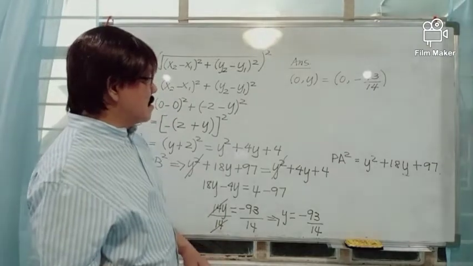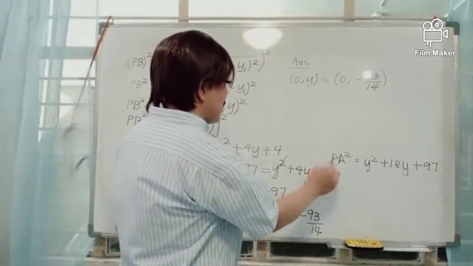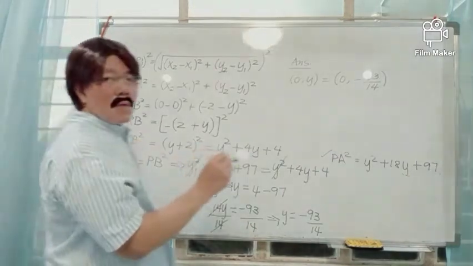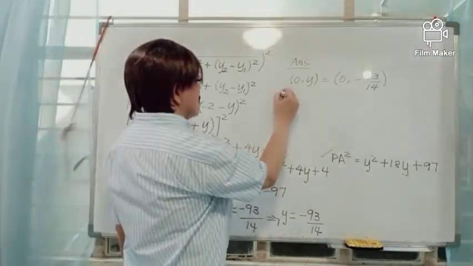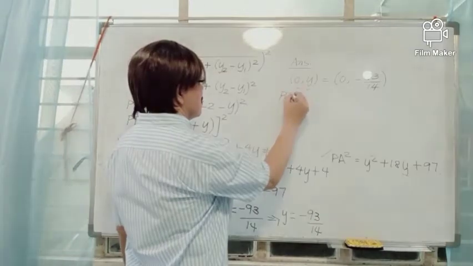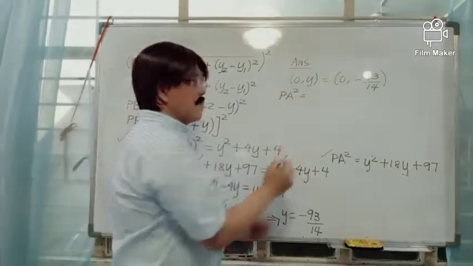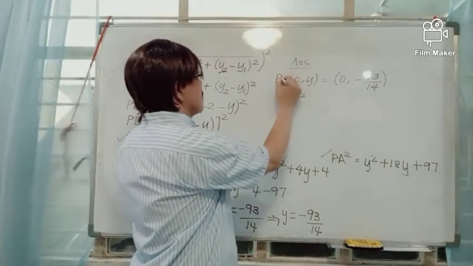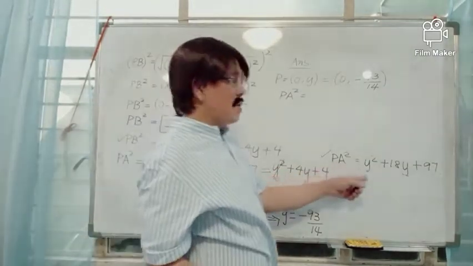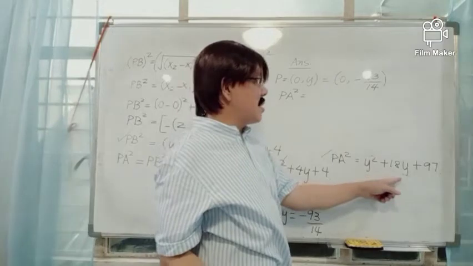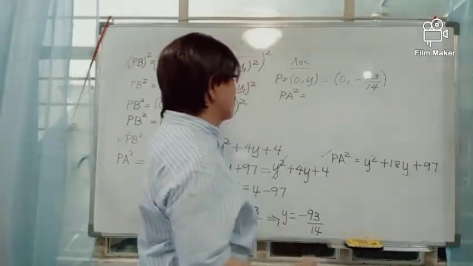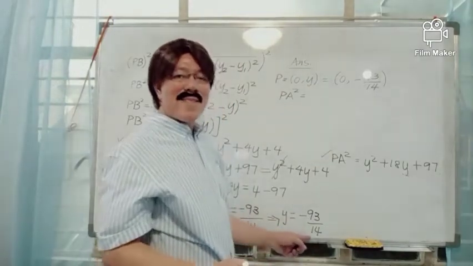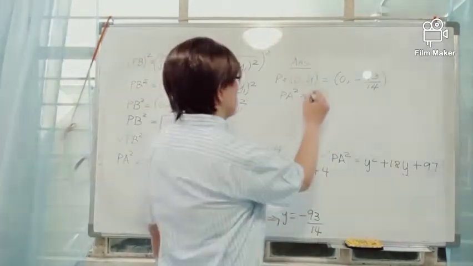And the distance is given by this or by this. We check the distance of P from A. The square of the distance between the points P and A, and this is our point P, is given by y squared plus 18y plus 97, where y is negative 93 over 14.